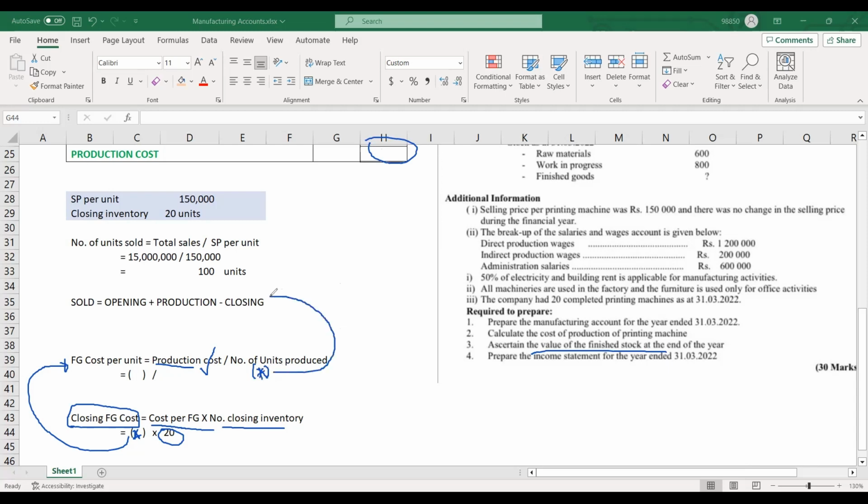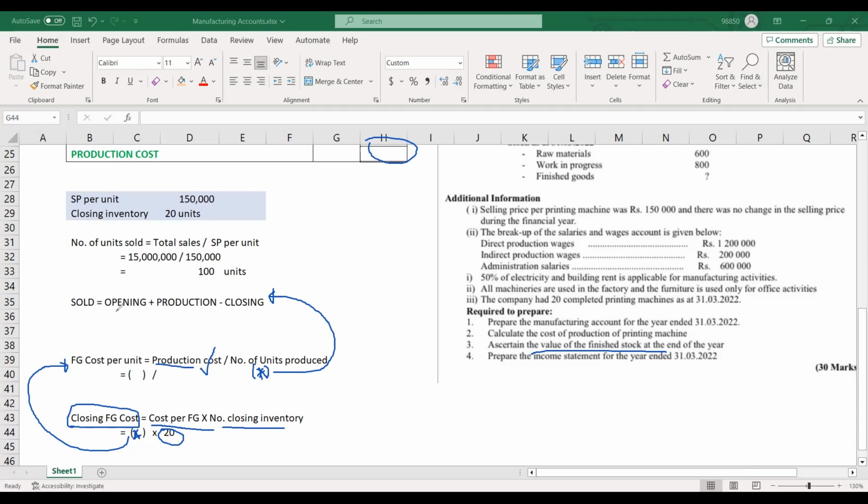To find this out, we're using this equation. We know the cost of sale is equal to opening inventory plus production minus closing inventory. We know that, except we're not looking at cost, change cost to units. The units sold is equal to the opening units plus the production units minus the closing units. So opening units, you actually know, it says 10.